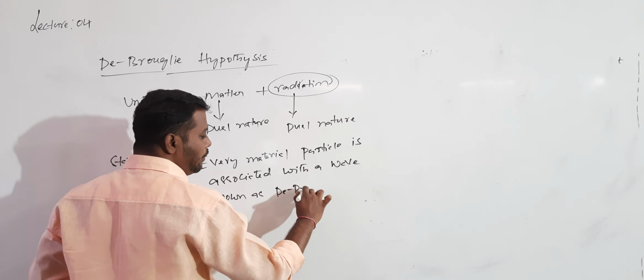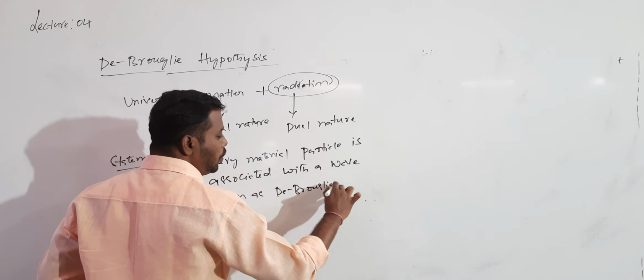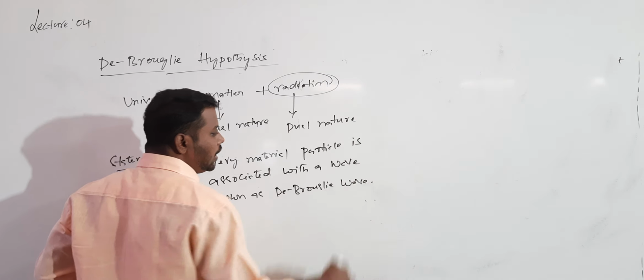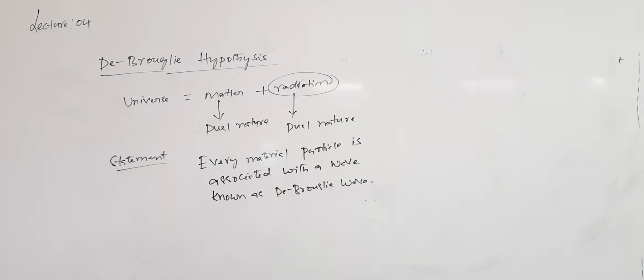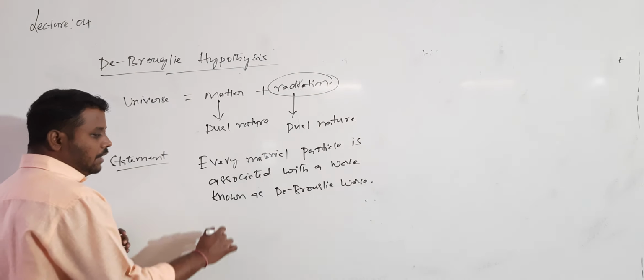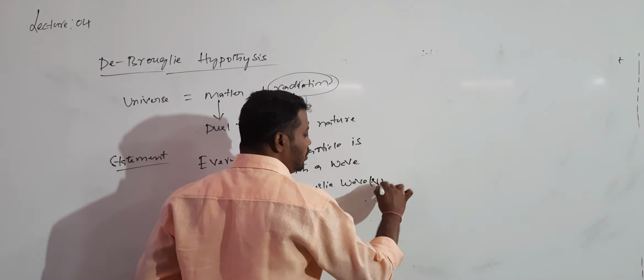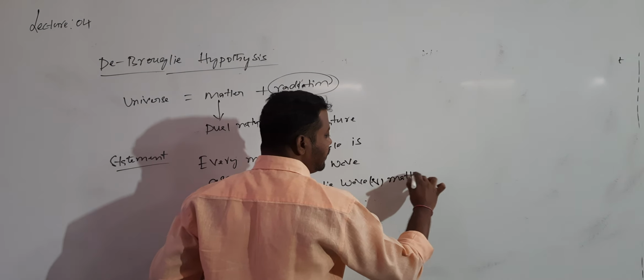So what is that wave's name? De Broglie wave. Okay Nara, are you getting it? That wave has one more particular name, it is also called the matter wave.